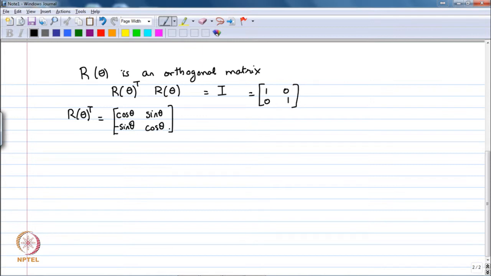And you can clearly see that this transpose corresponds to rotation by minus theta.